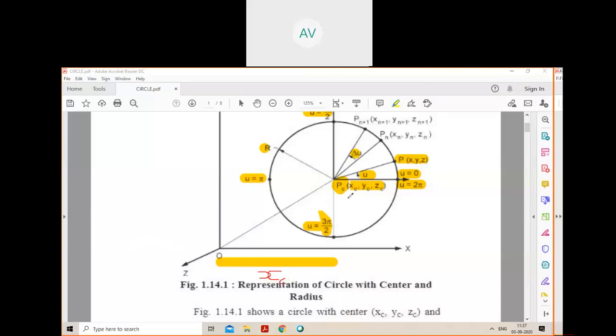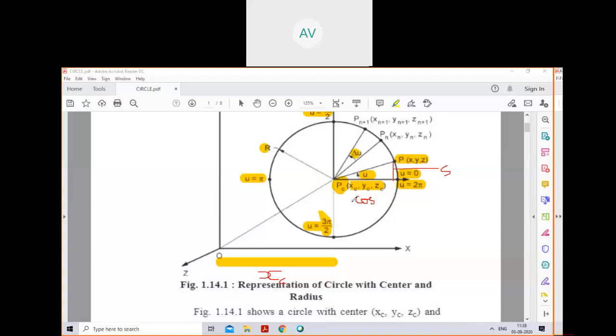Then here the angle is u, so this value we take as cos, and this side we write as sin u.